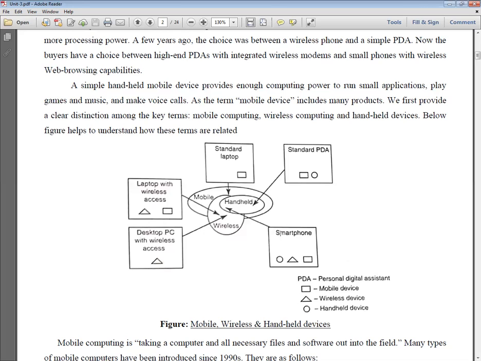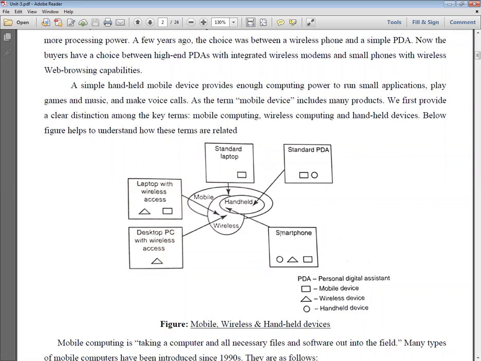See, smartphone in the sense mobile device, wireless device, and handheld device. So smartphone is చేతితో పట్టుకెళ్ళగలం, wireless internet యూజ్ చేసుకోగలం, మొబైల్ కింద వాడగలం. It's a mobile device. So smartphone has all the three features: mobile device, wireless device, and handheld device.